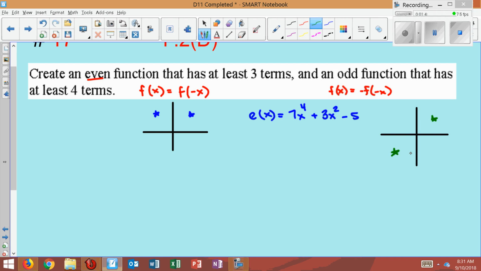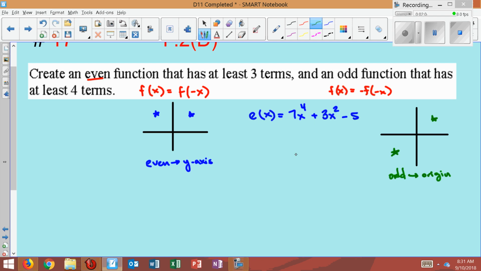Odd reflects over the origin. So let me write that out. Odd is going to reflect over the origin. And over here we had even over the y-axis.